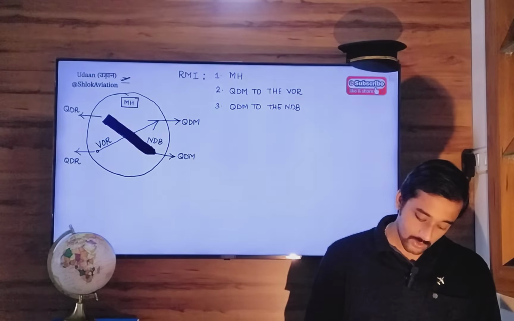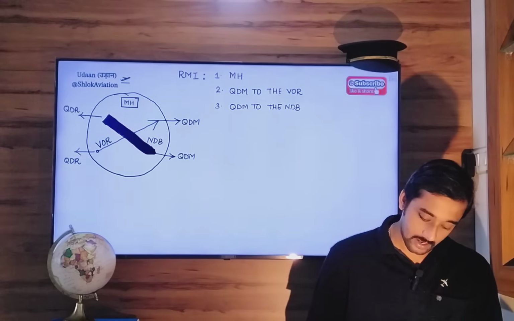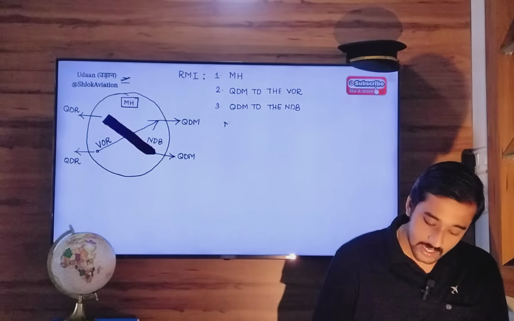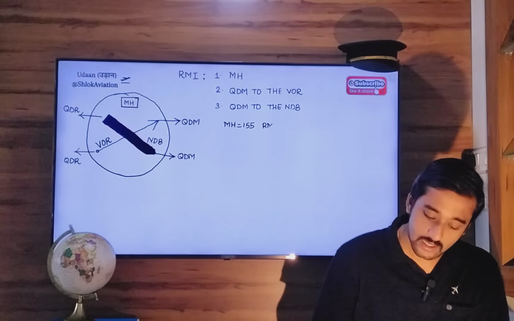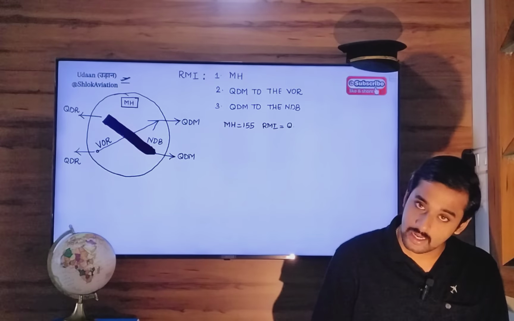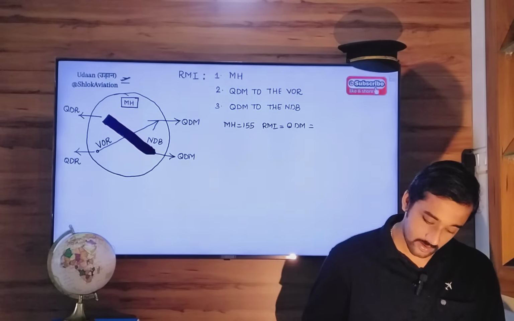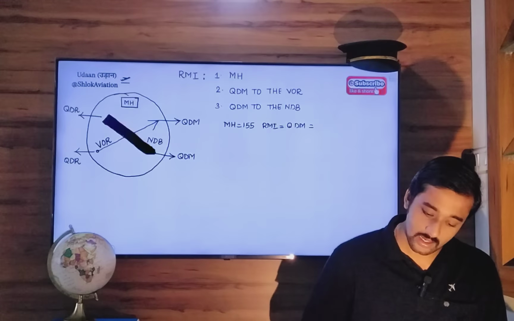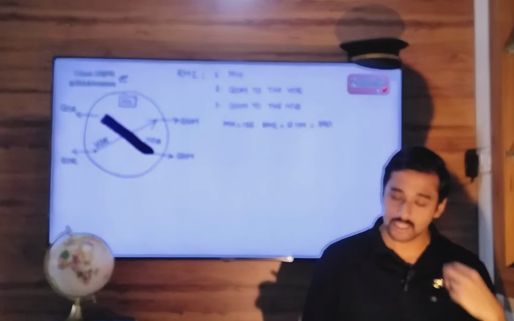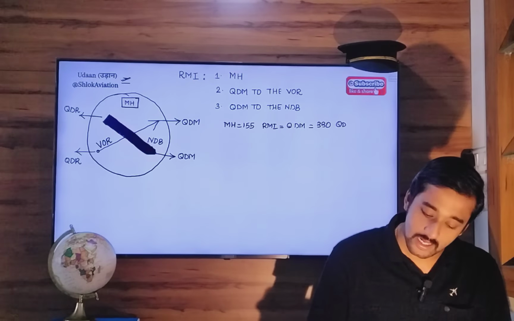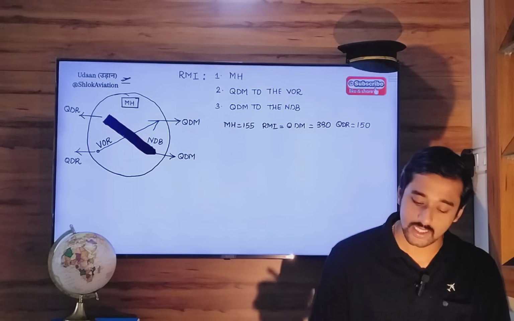Now in this question, the magnetic heading is 155, and the RMI indication, in other words the QDM indication, given to you is 330. If QDM is 330, QDR will be the reciprocal of that, 150.